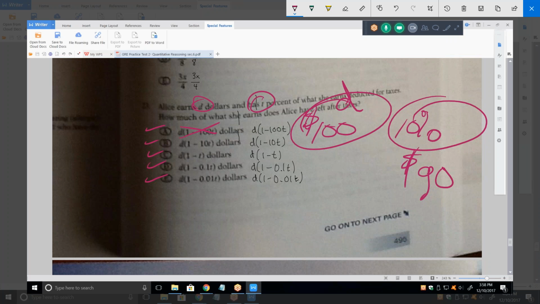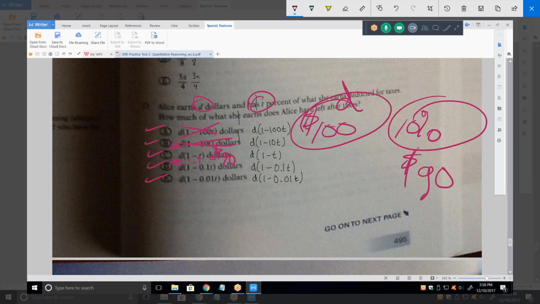That gives you a negative number. How about this one? We have 100 times 1 minus 1. That's 0. That doesn't work. This one, we have 100 times 1 minus 0.1, which is 10%. So that's 100 times 0.9. That gives us 90. That's what we know our answer should be.